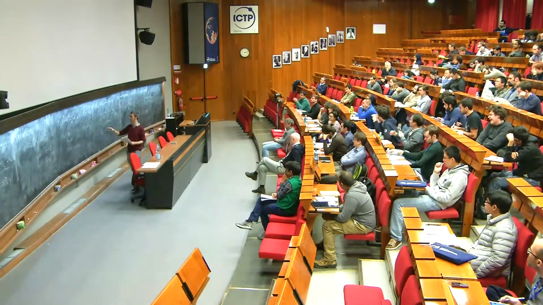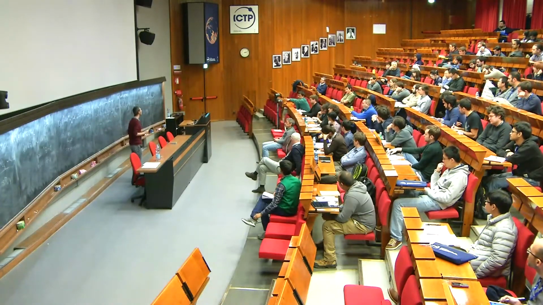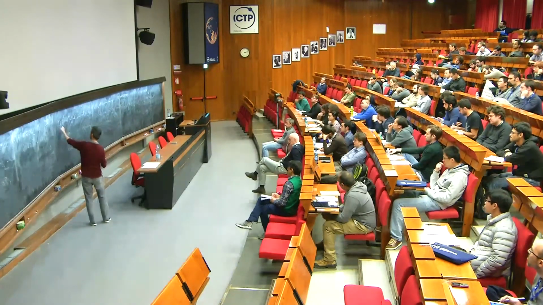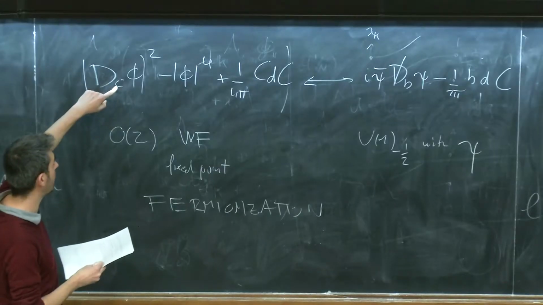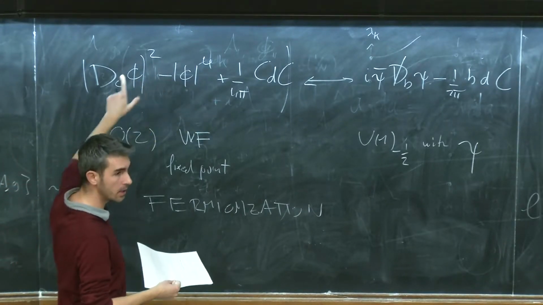So the question is if this... This question I just want to understand. Yeah, so in this duality now, the only gauge field is the background one. So this is the O(2) vector model.